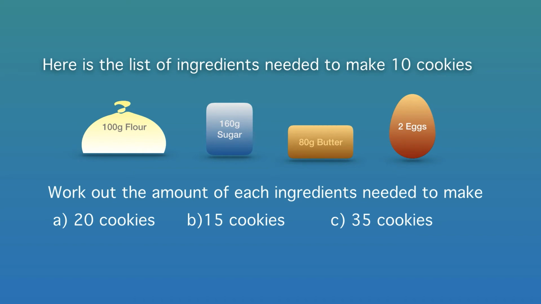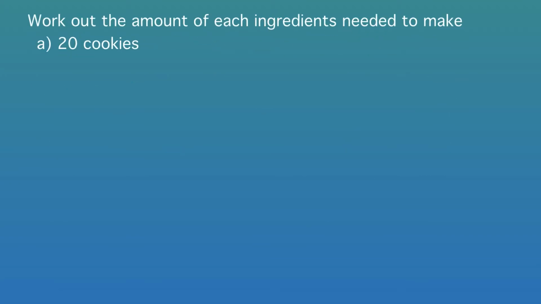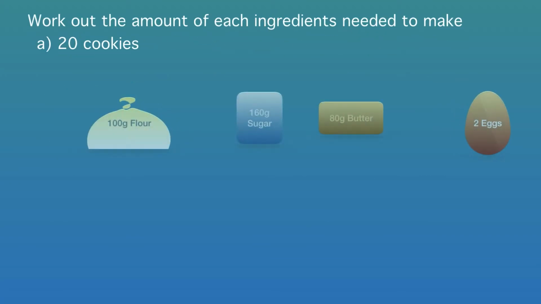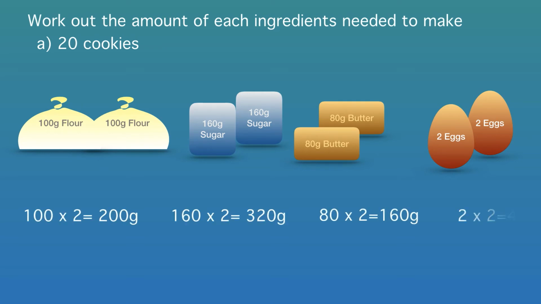Note that these ingredients are for 10 cookies, and in part A of the question, we want to find the ingredients for 20 cookies. 20 is equal to 2 times 10, i.e. it's double the amount. There is no need to use the unitary method for this question, although it works pretty well. In order to make 20 cookies, we can just double the quantities, or simply multiply all the quantities by 2.